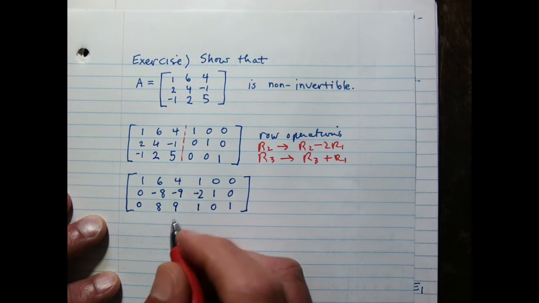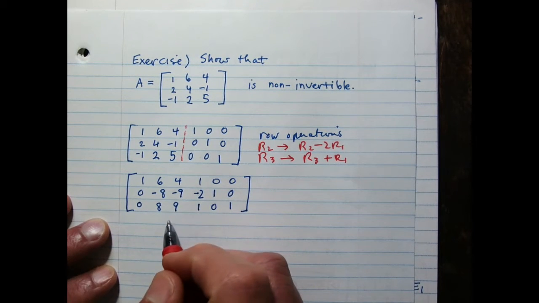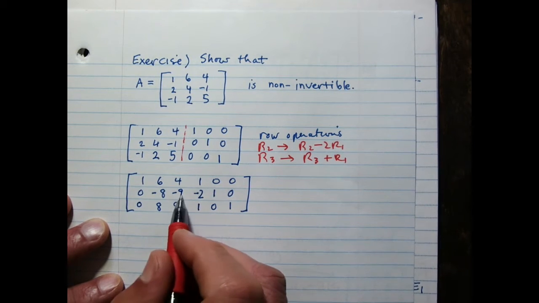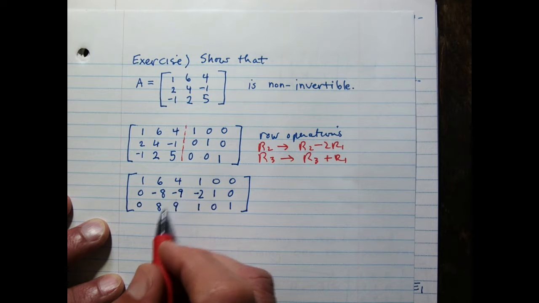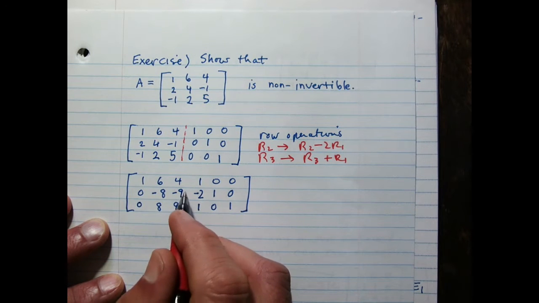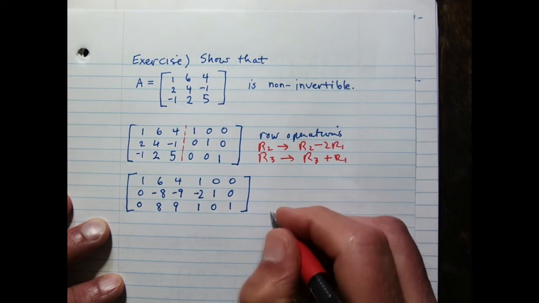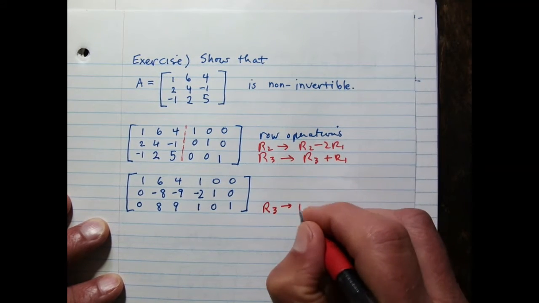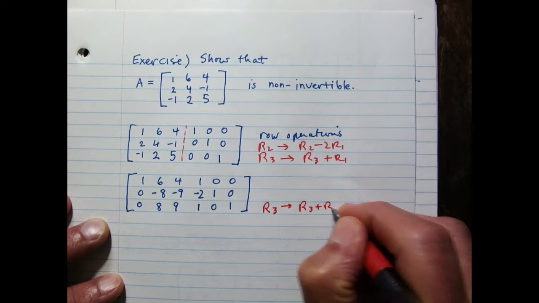And now what I notice here is, before I try to get a 1 in another pivot position, notice these opposite values. I have the negative 8, 8, negative 9, 9. So I'm going to replace row 3 with row 3 plus row 2 at this point.